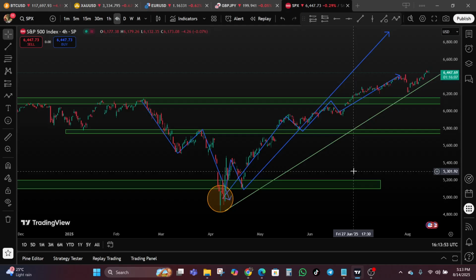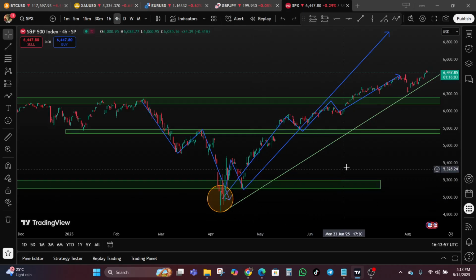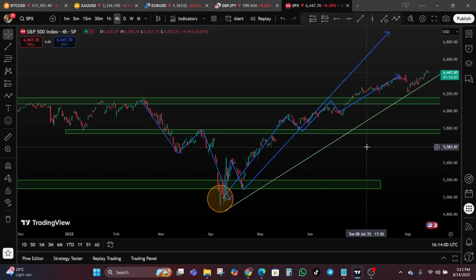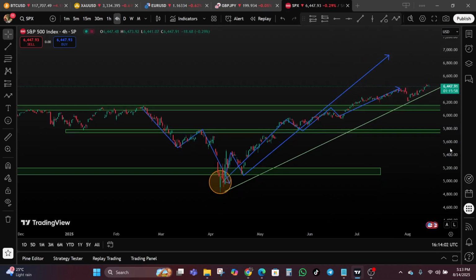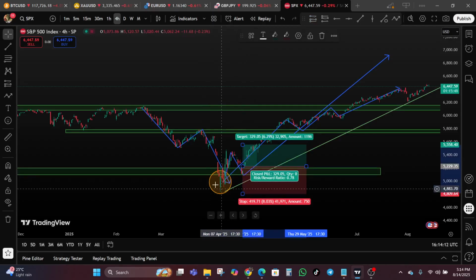Finally, manage your trade wisely. Use stop losses, and your stop losses should be based on recent market swings. For example, if we are going to enter a buy trade here after we got this break and retest, we enter the buy trade around here, and your stop loss can be below this zone, this liquidity zone.